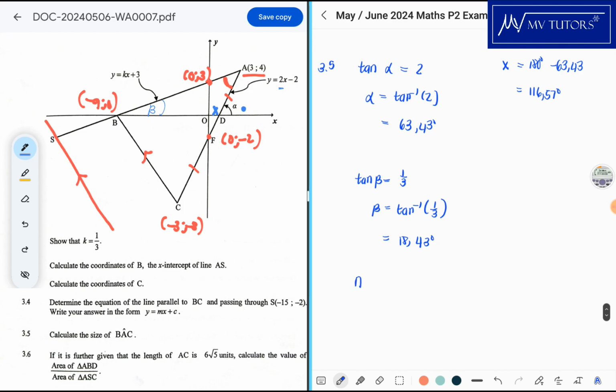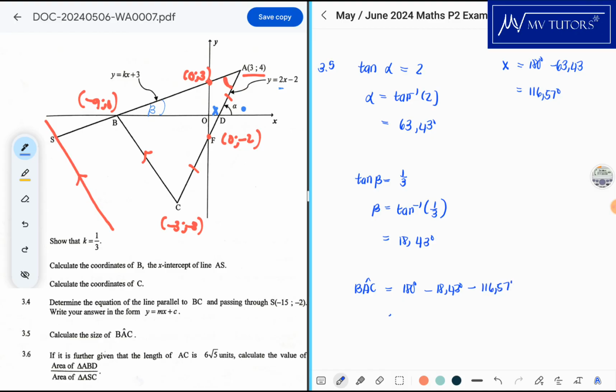Now how do we get A? Let me just say BAC as they have given it to us. So BAC is equal to 180 minus 18,43 minus 116,57.